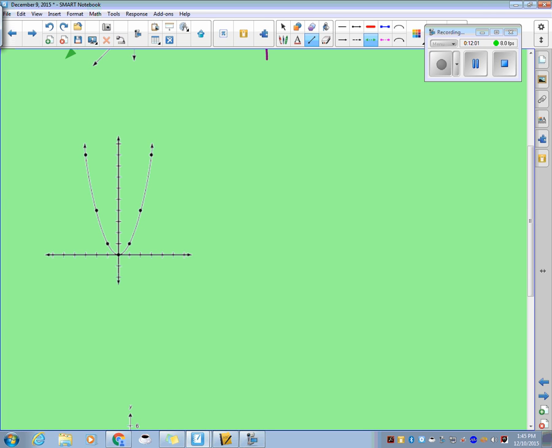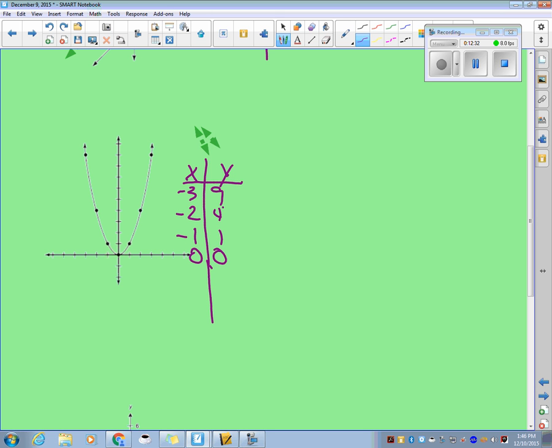So in the original one, the x and the y might be -3, 9, -2, 4, -1, 1, 0, 0, 1, 1, 2, 4, and 3, 9. And I just obtained those points from the graph itself.